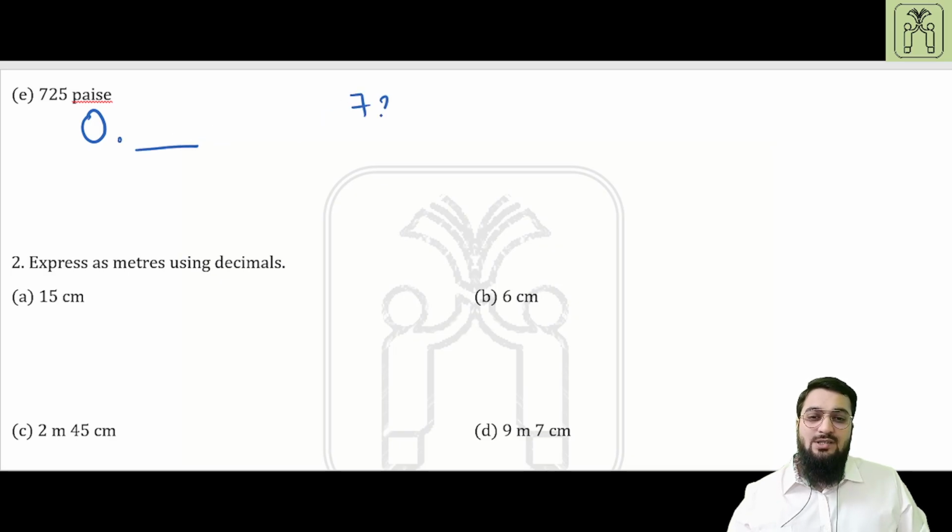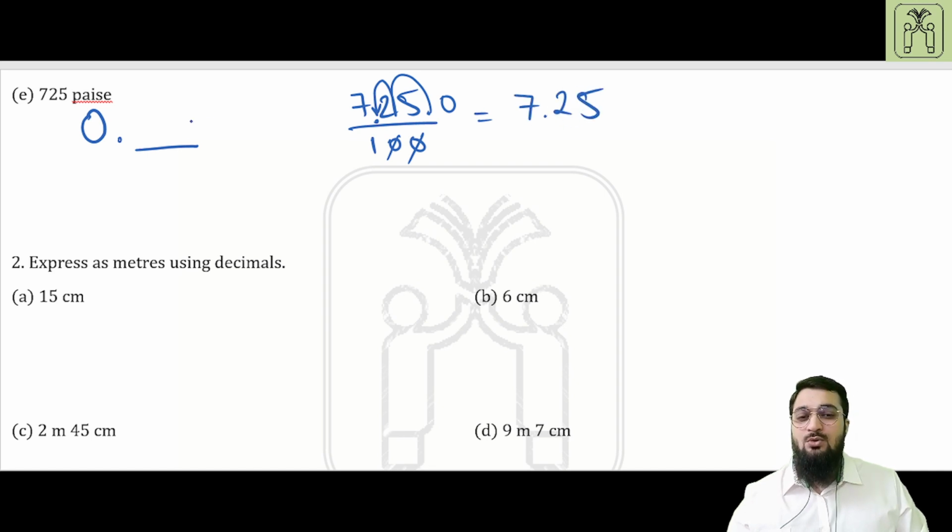After that, we'll write 725 as the number of parts mentioned over here, and the total number of parts that comprise the whole, that is 1 rupee, is 100 paisa. We will put a decimal point and a 0 because nothing is mentioned. We will jump 2 times on the left because we are dividing by 100. Zeros will be cancelled out, a new decimal point location will be obtained, and the resulting decimal will be 7.25.